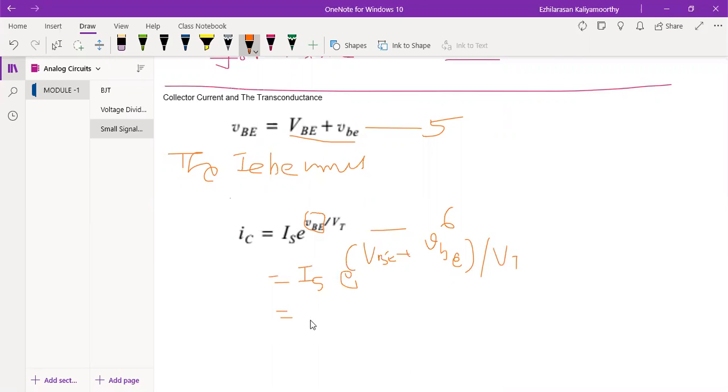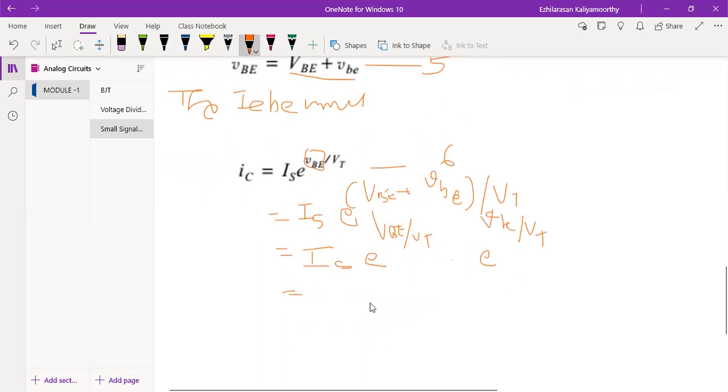Now expand this expression: IS into e to the power VBE divided by VT, into e to the power vbe divided by VT. I request everyone to write in a notebook, then only you get this derivation very easily.